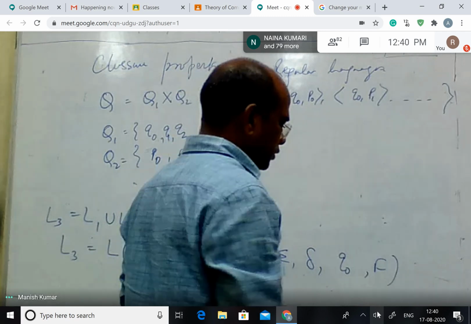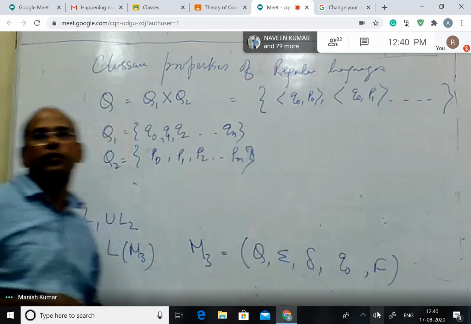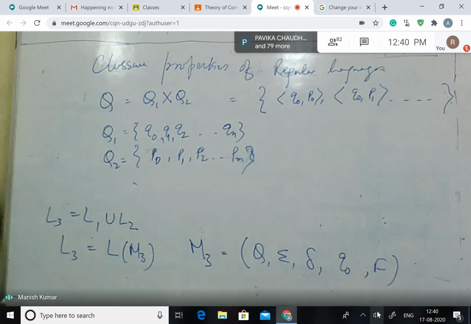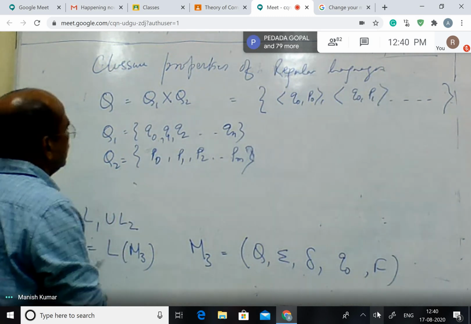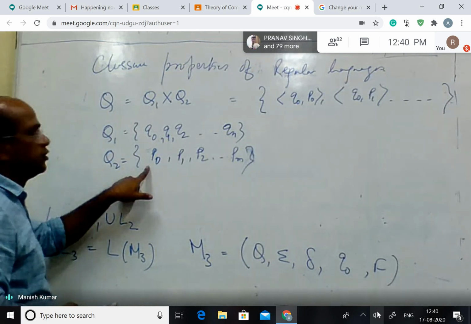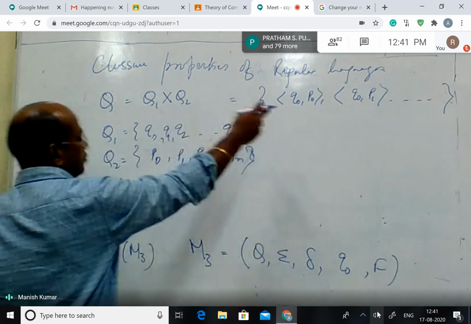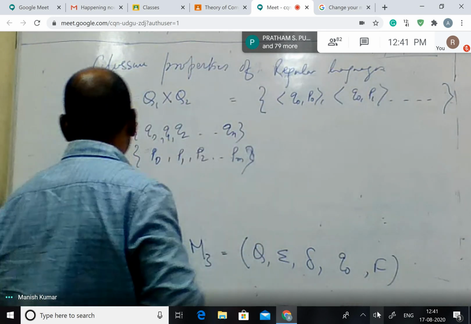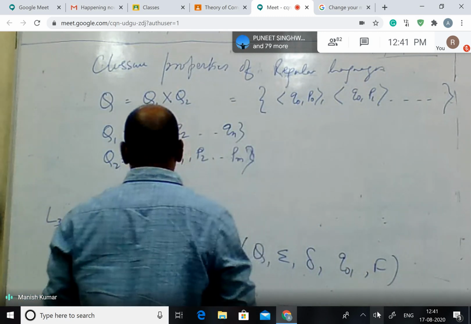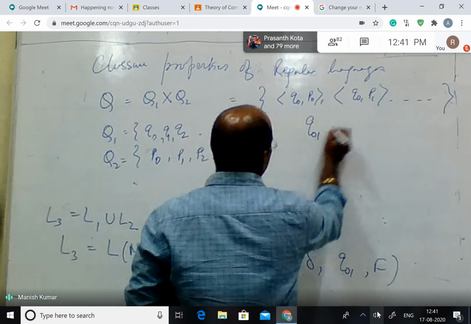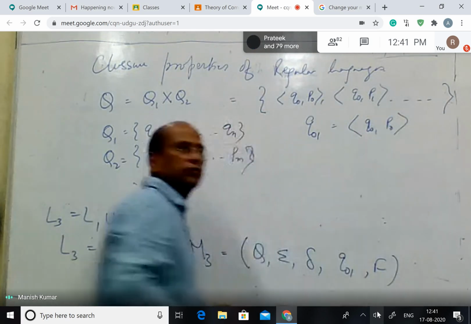The second one is sigma. I told you that all three will be the same, so whatever input symbols will be there will be part of all three. Now, if P0 is the initial state for machine 2 and Q0 is the initial state for machine 1, then obviously when we write Q01, it is nothing but Q0, P0.